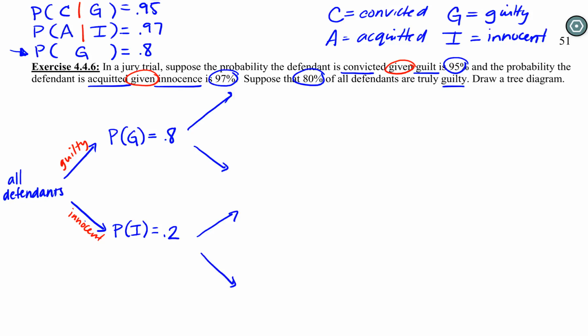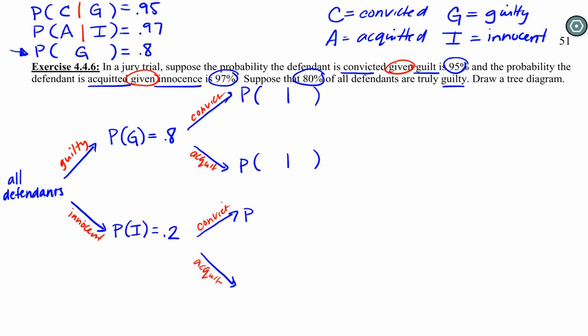So once we have our guilty or innocent defendants, two things could happen. We can convict, or we could acquit. Convict or acquit. So this, remember, is our givens. Our PGA tour, we avoid trees.